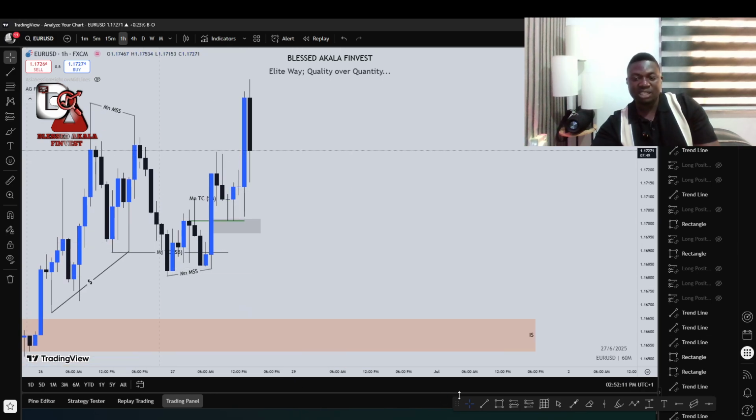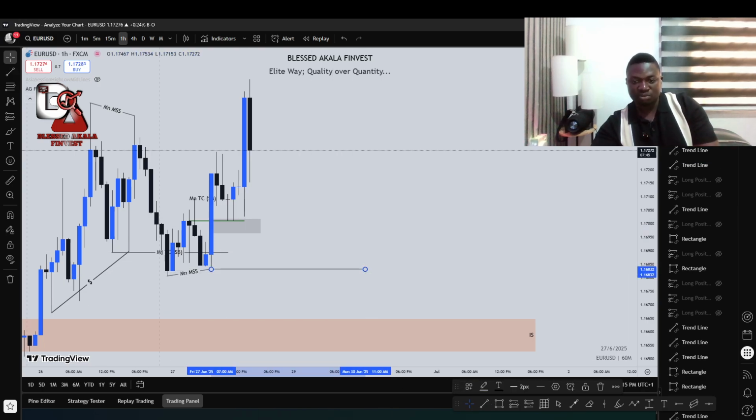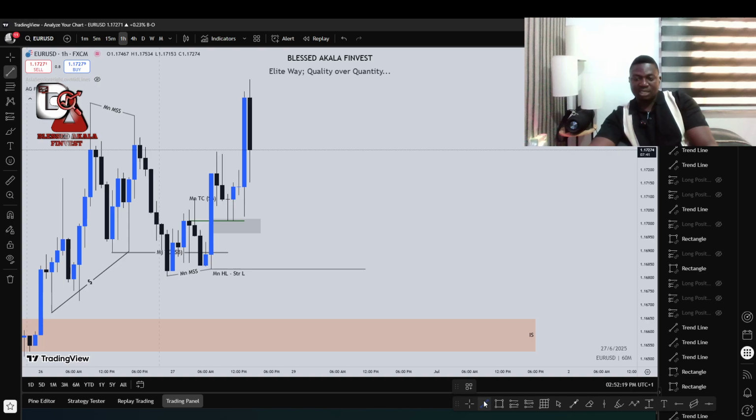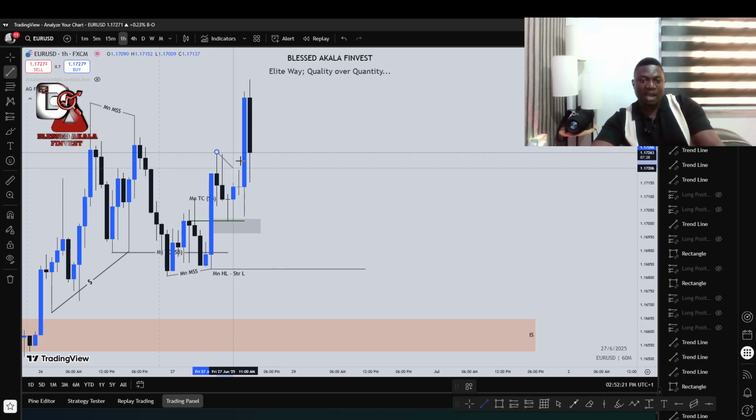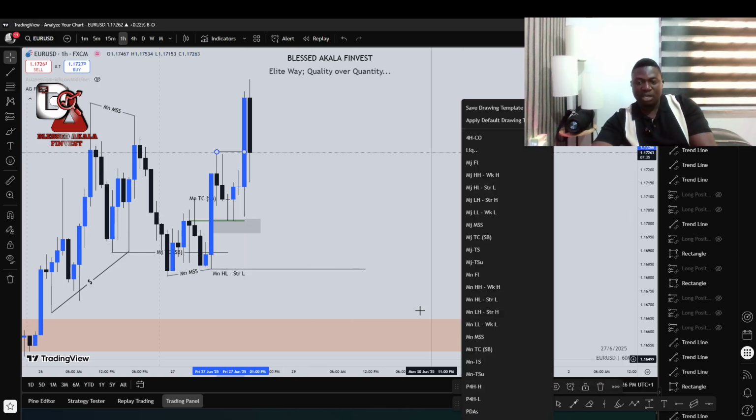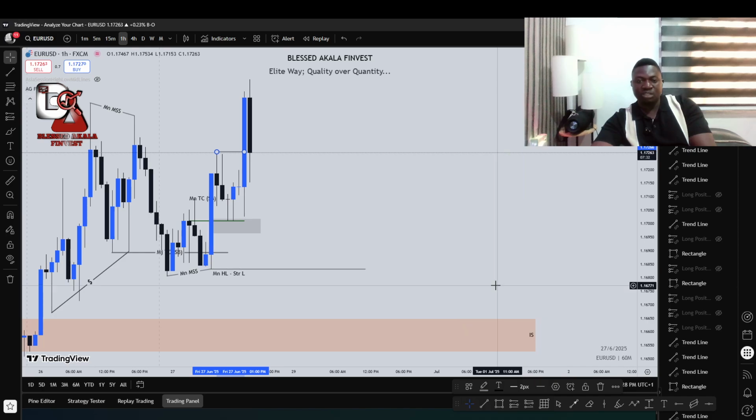Since we have that, here automatically becomes our strong low on a minor structure, and here automatically becomes our weak high, which we are expecting the market to close above, and liquidity above it to be taken.